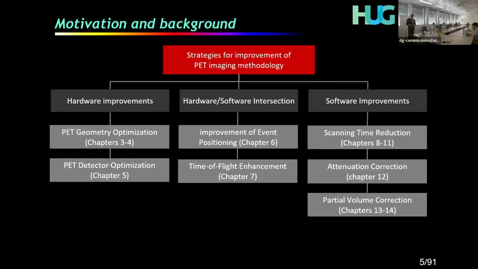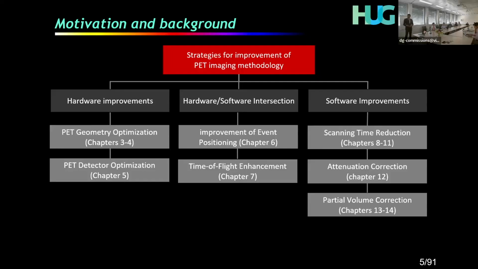For example, how we can use AI-based methods for improvement of event positioning inside monolithic crystals, or how we can use AI-based models for improving the time of flight. We also developed some software-based methods for reducing the scanning time, reducing the injected dose, and also doing attenuation correction and partial volume correction.